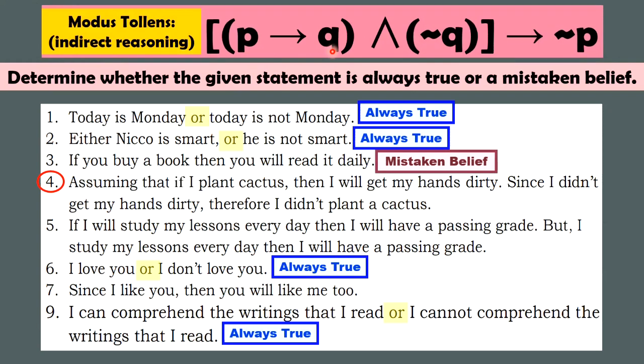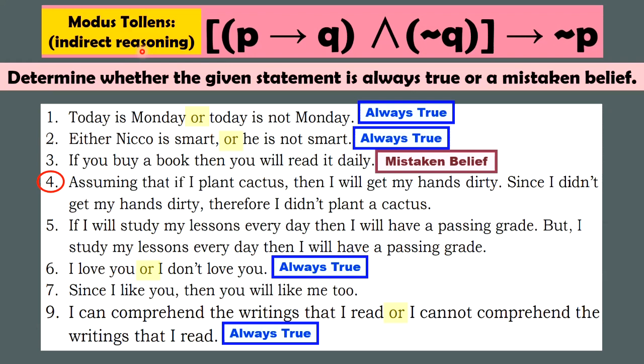Pero dahil nakasulat ito in its propositional form, check again your table at may tawag dito. Ito ay modus tollens or an indirect reasoning. At ang propositional form na ito ay isang tautology. Again, ang isang tautology is a statement that is always true.